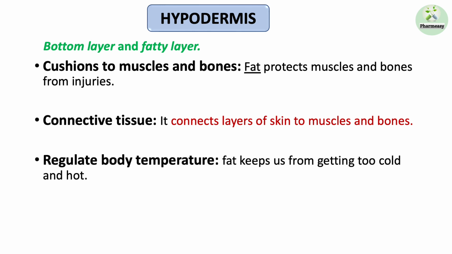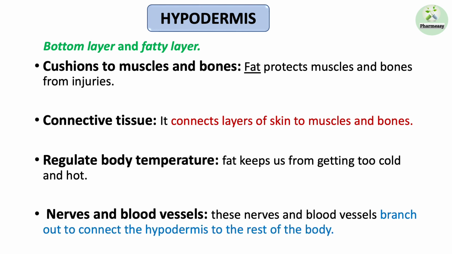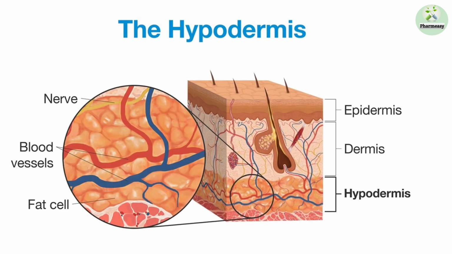It also regulates the body temperature due to the presence of adipose tissue. In the hypodermis area, several branches of nerves and blood vessels are present. This zoom diagram clearly shows the presence of nerves, blood vessels, and fat cells in the hypodermis region. And this is the last or bottom layer of the skin.